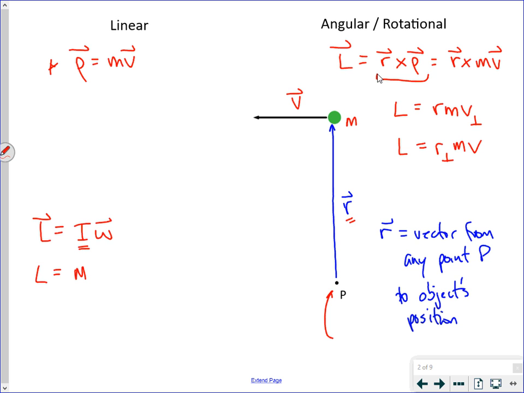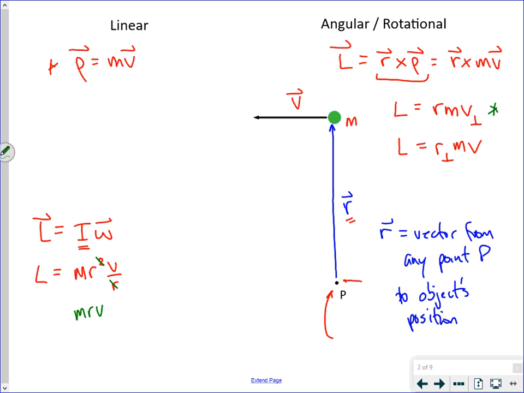This thing actually isn't moving in a circle, but we can say it's kind of how far it is away from this point. And omega we can write as v over r. So look at this, we get to go back to m r v, same as m v r.